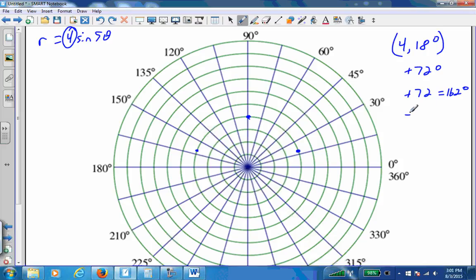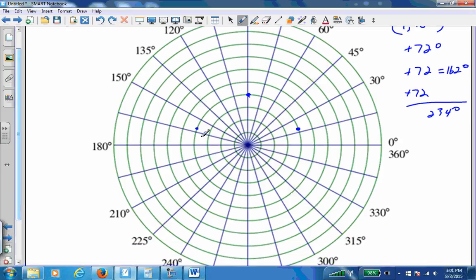If we go another 72, what's that, 234, we'd have another tip. If we go another 72, 306, we'd have another tip. And then if we had another 72, we'd be back to here.